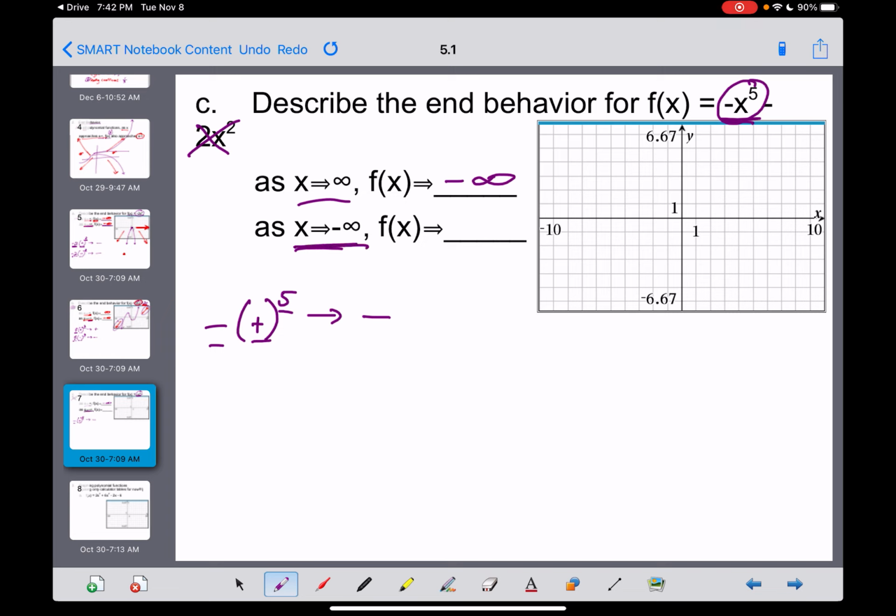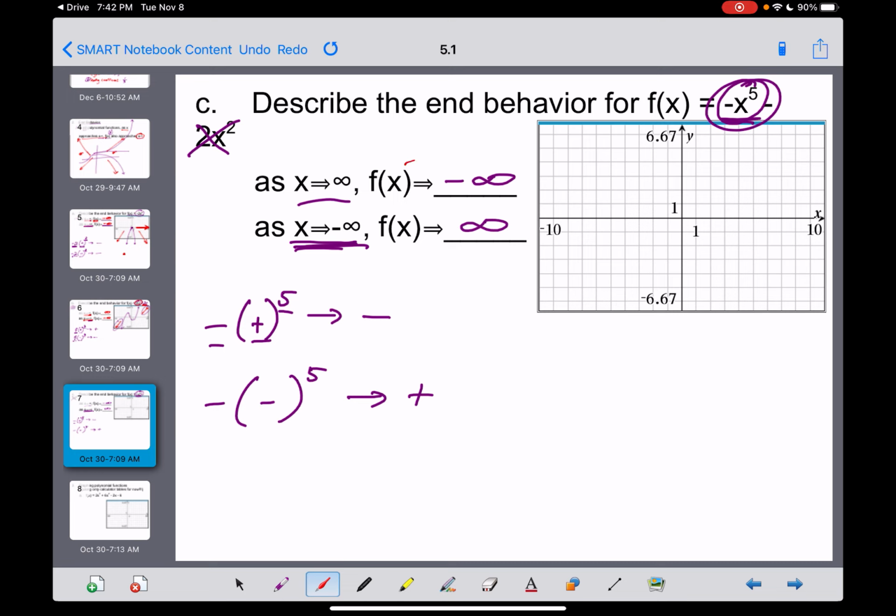How about right here? If we put a negative number into this term up here, it's going to be the opposite of a negative number to the fifth power. What's that going to do for us? A negative number to the fifth, because it's odd, will be negative, but the opposite of that negative number will be positive. So as x approaches negative infinity, y is approaching positive infinity. So what did we learn here, guys?